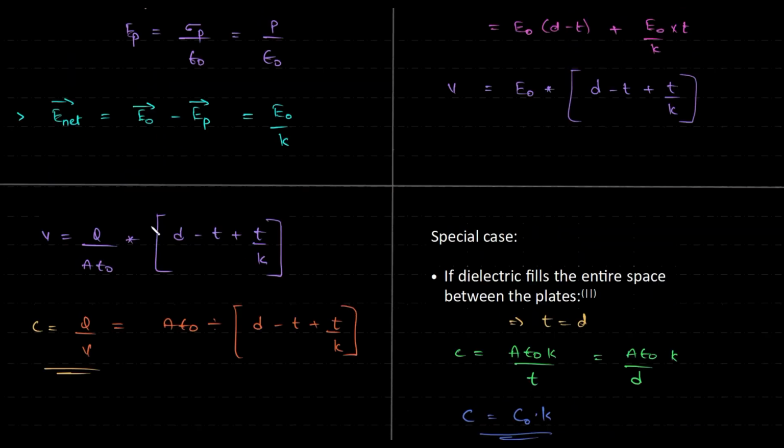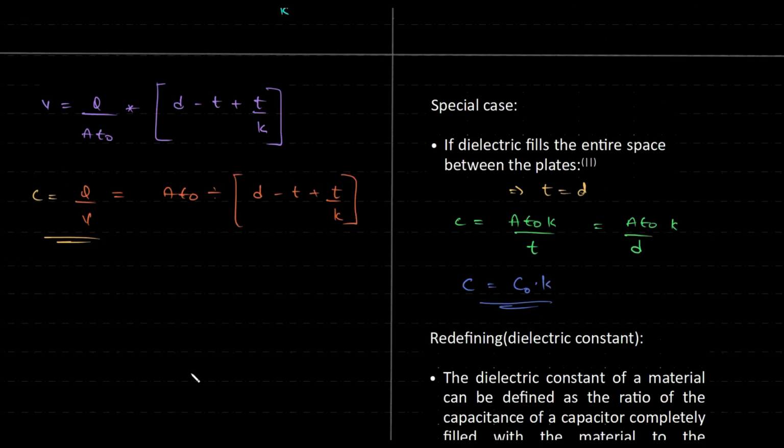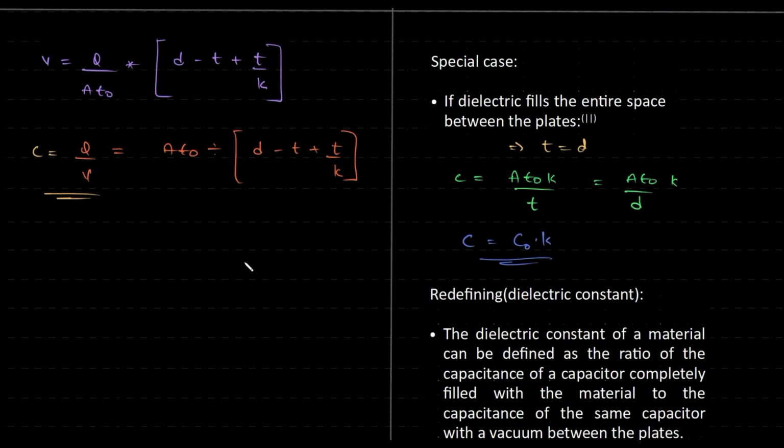So I want to express this expression also in terms of your C naught. So for that, I'll multiply and divide with d over here. So we'll end up with d C naught divided by d minus t plus t by K. All I did was I multiplied and divided with d.